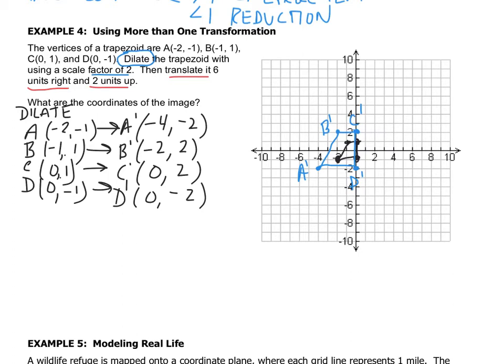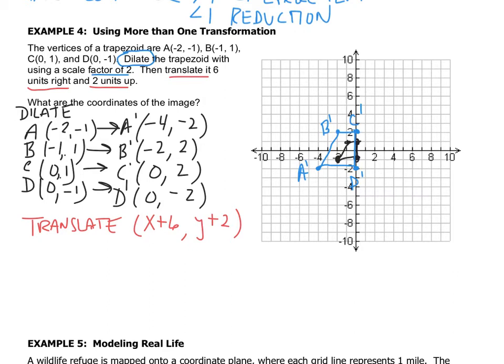So next, let's move on to the translate, because there were 2 parts. So it said to also translate. Now remember, 6 units to the right means we're going to add 6 to our x values. 2 units up means we would add 2 units to our y values.